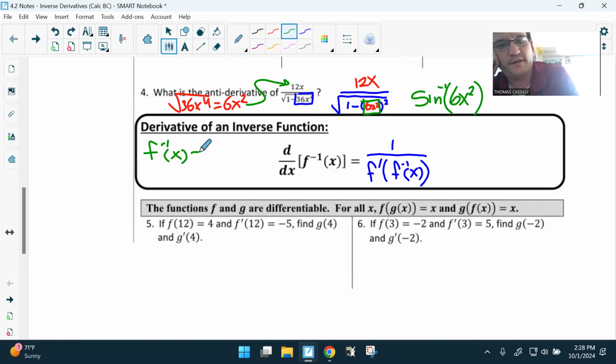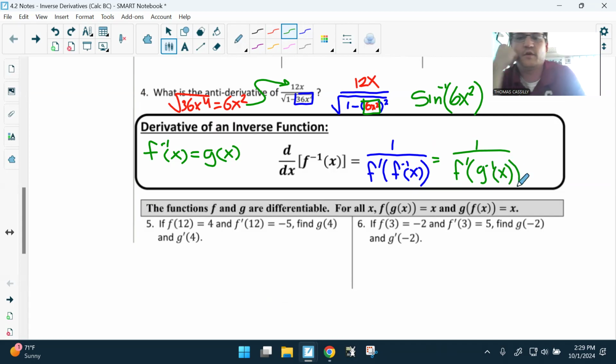If I say f inverse of x is equal to g of x instead, then this is going to be equal to 1 over f prime of g of x. If I were to substitute everything out, this would be equal to g prime of x.